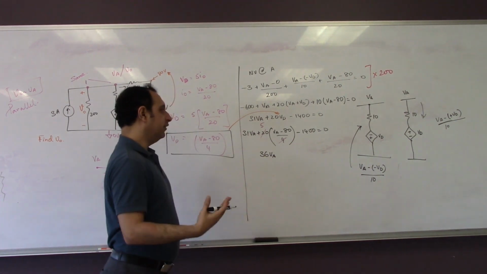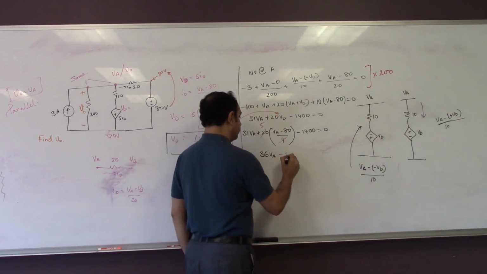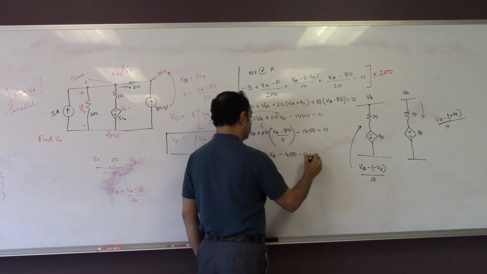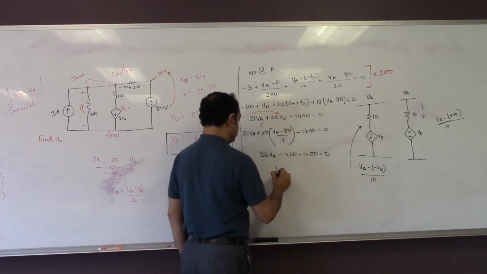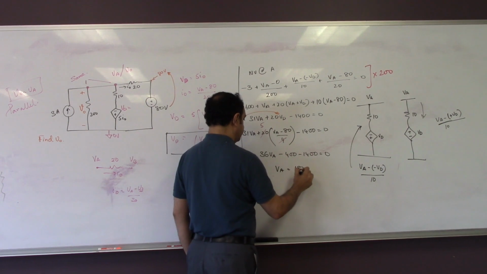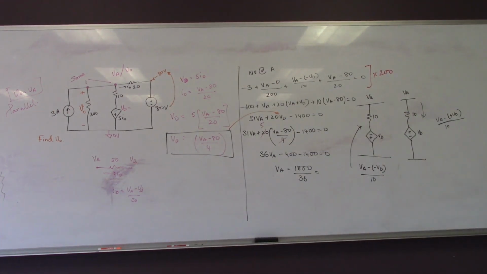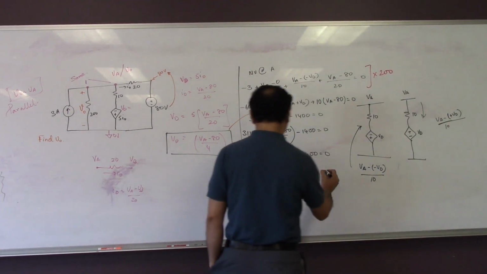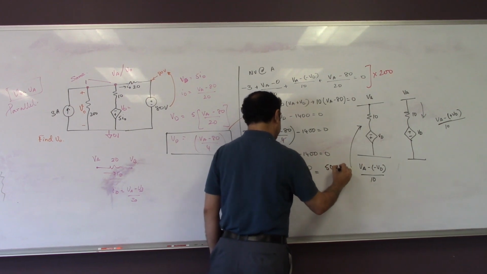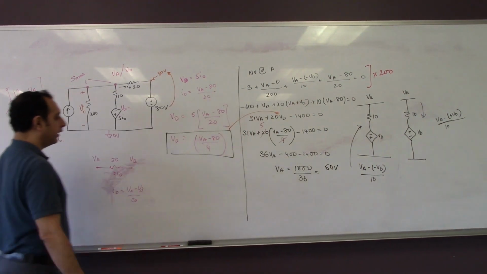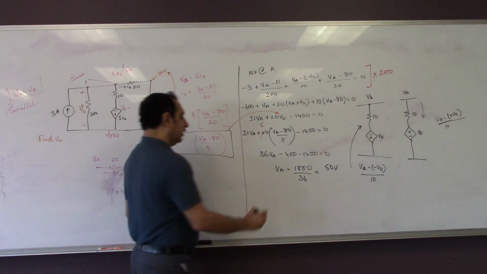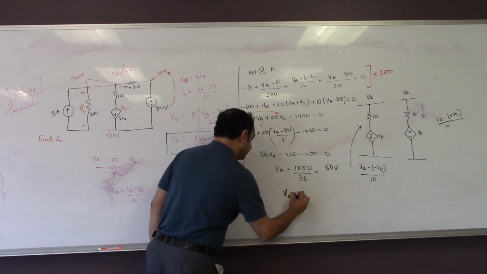Okay, and 5 times 80 will be negative 400. 36 VA equals 1800, so VA will be 50 volts. So V naught equal to VA is equal to 50 volts.